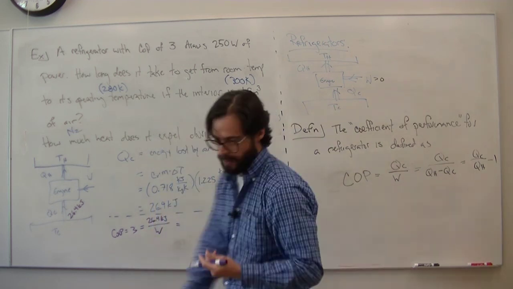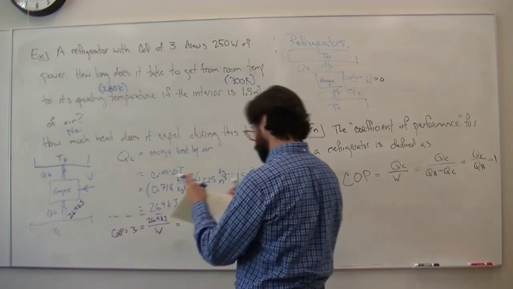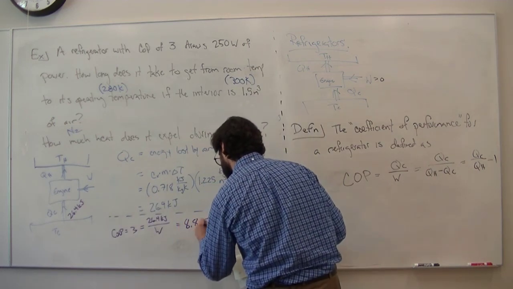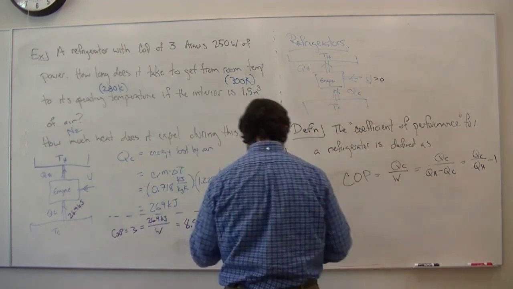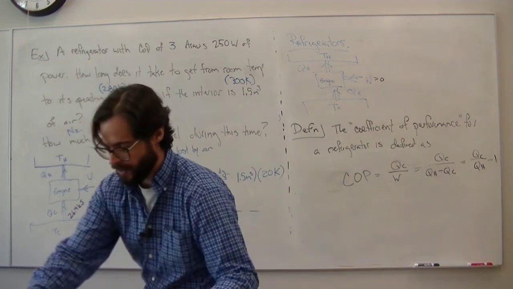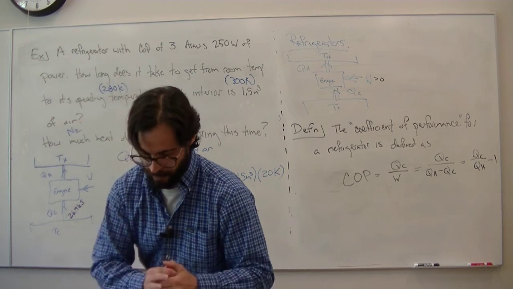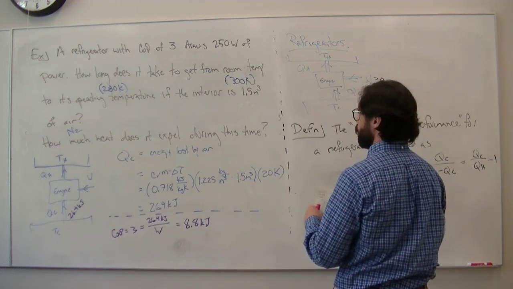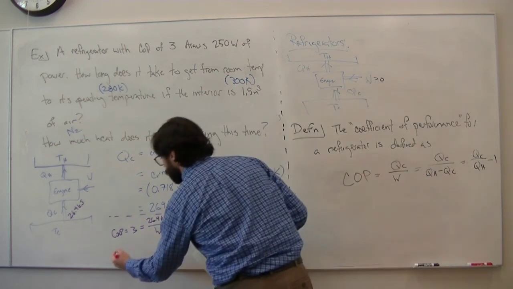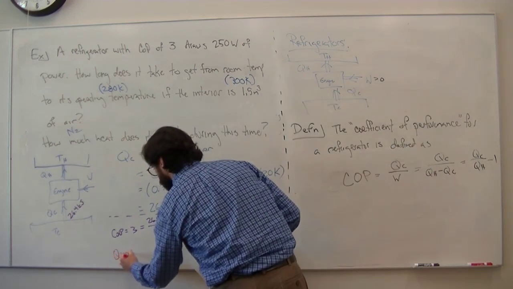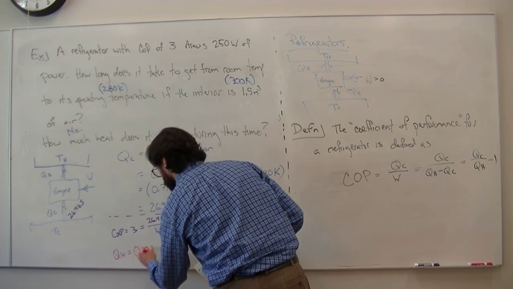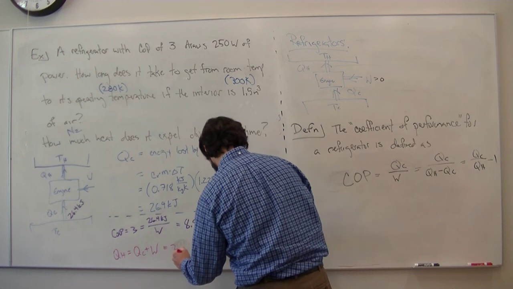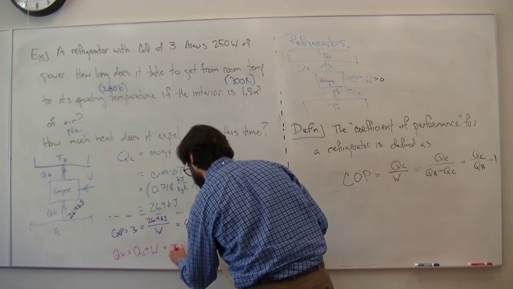So the work would be a third of that, so 8.8 kilojoules. And then I can use energy conservation, finally, to get the waste heat, making sure I'm doing good with signs. So I have QH equals QC plus W. So 35.2.